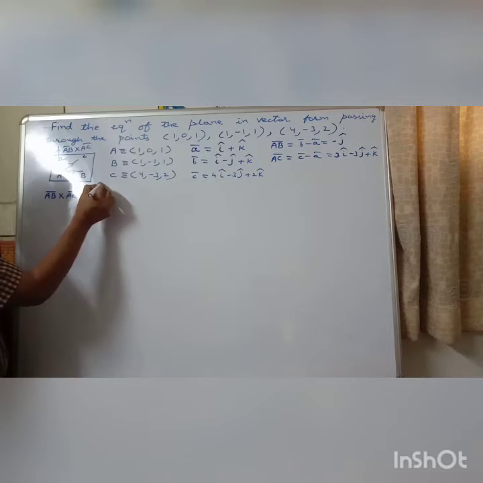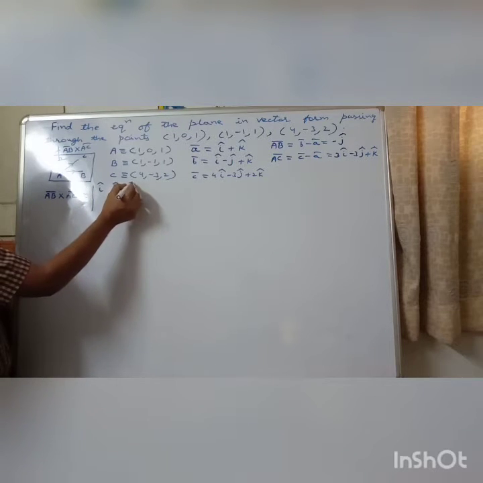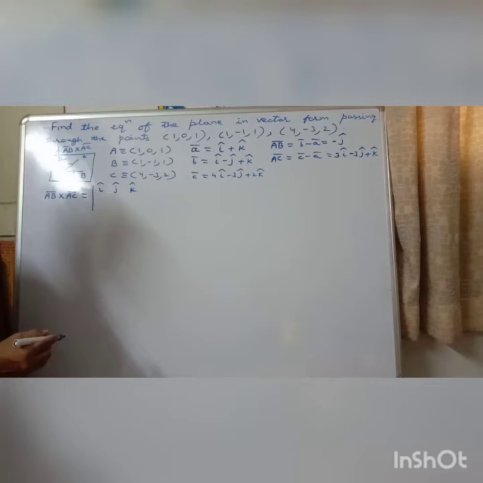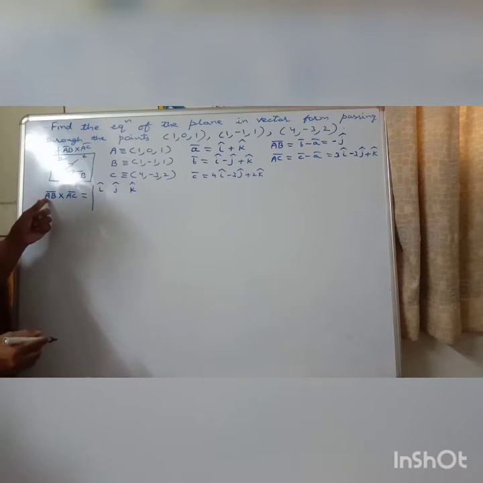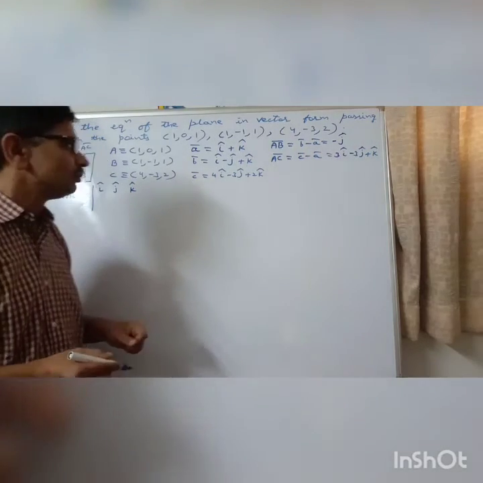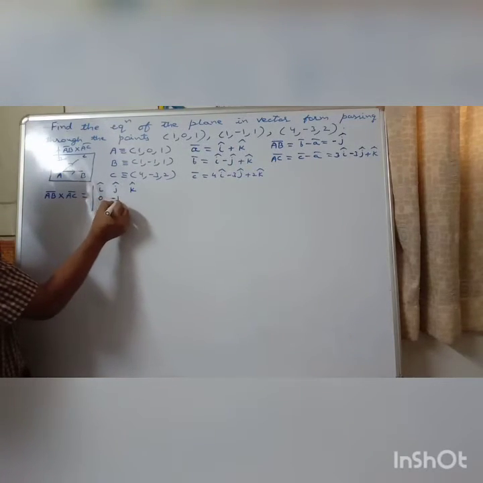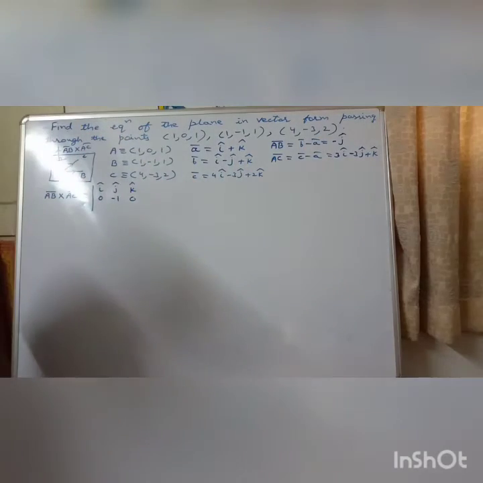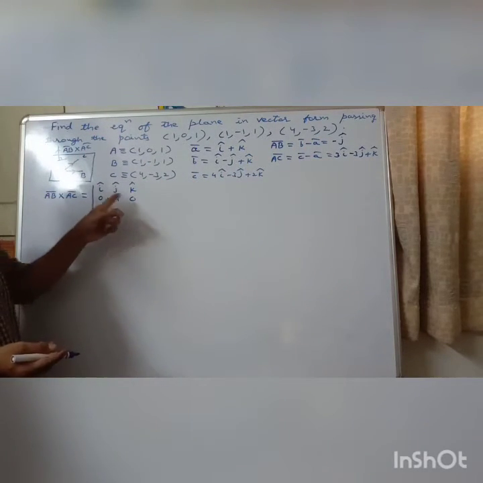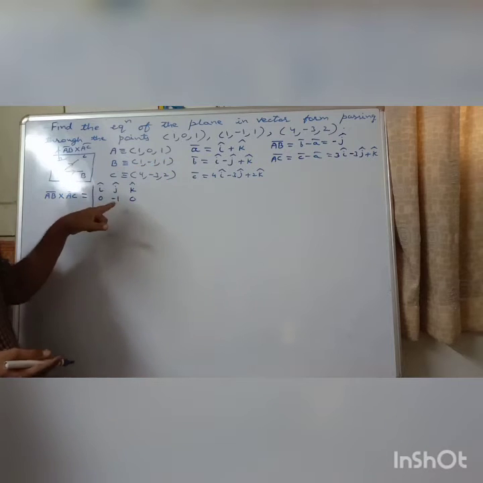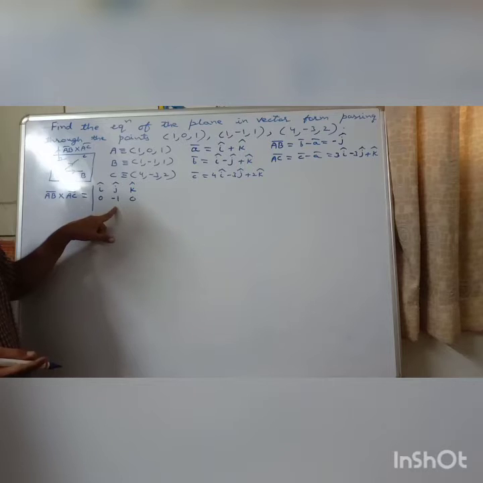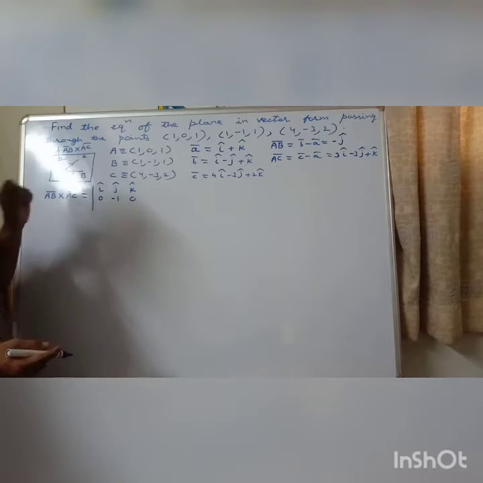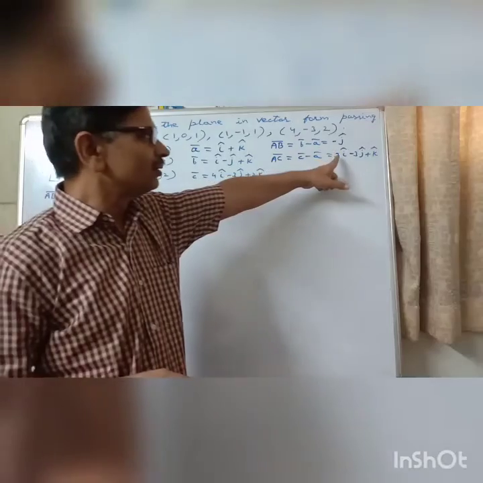In the first row, the unit vectors i, j, k. In the second row, coefficients of i, j, k for the first vector AB bar: 0, minus 1, 0. In AB bar, terms of i and k are absent, so their coefficients are 0. Coefficient of j is negative, minus 1. In the third row, we write coefficients of i, j, k for the second vector AC bar. So 3, minus 3, 1.